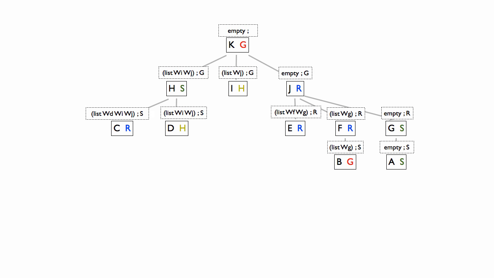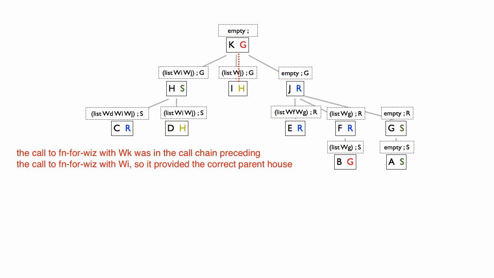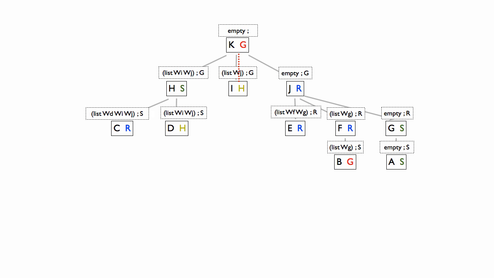Because in that version, when you called fun-for-wiz with I, that was in a path coming from a call to fun-for-wiz with K. So the lost context accumulator worked. The call to fun-for-wiz with K provided as the value of parent house G, and that led through one call to fun-for-low to the call on fun-for-wiz with I.